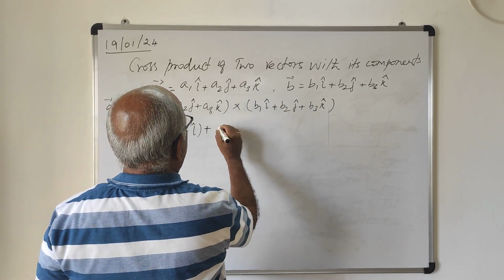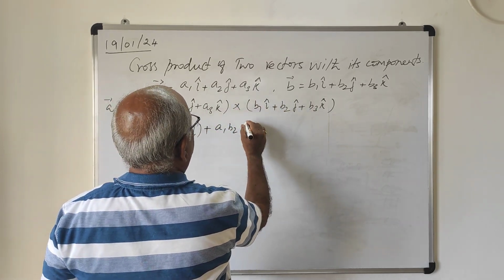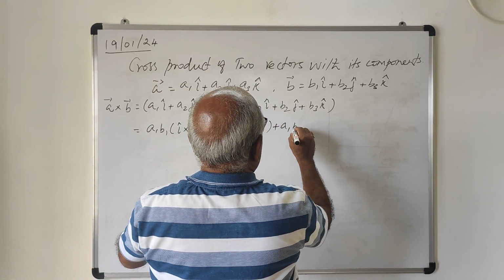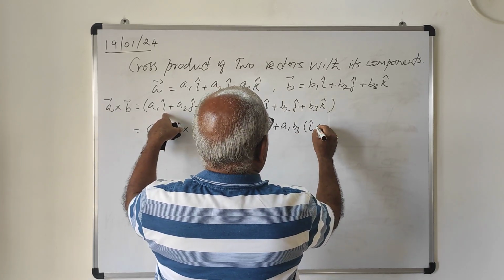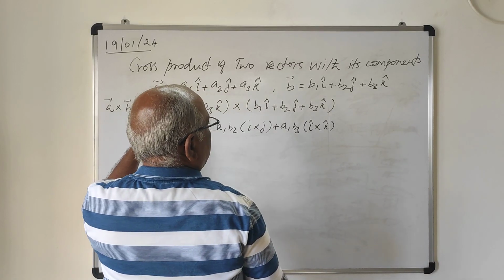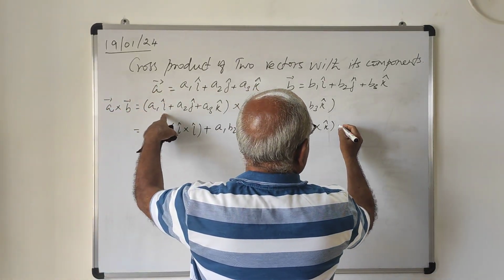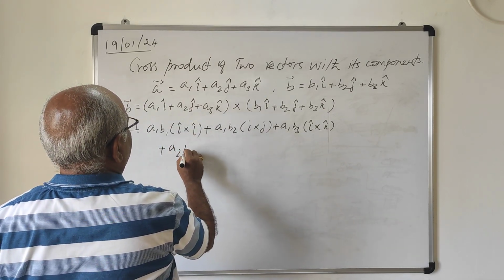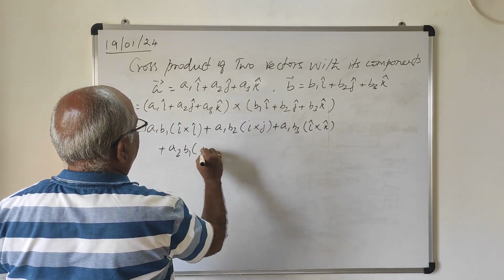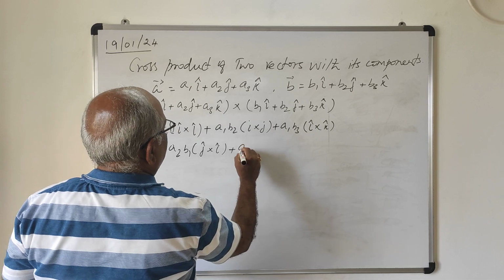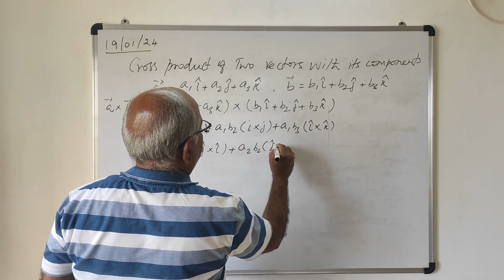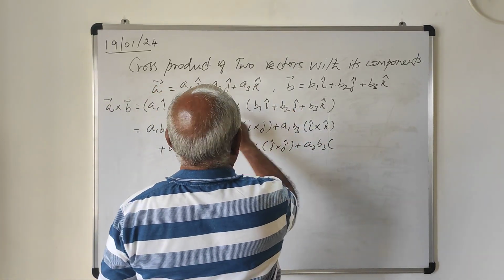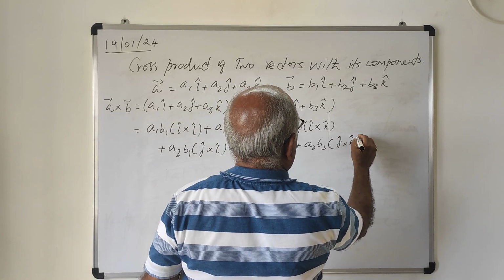Similarly, A1 B2 into I cross J, plus A1 B3 into I cross K, plus A2 B1 into J cross I, plus A2 B2 into J cross J, plus A2 B3 into J cross K.